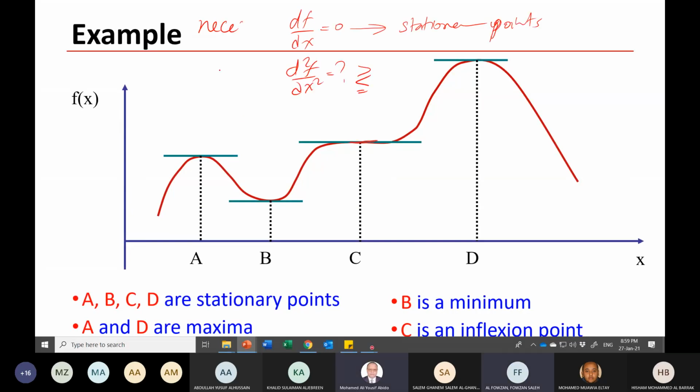So this is the necessary condition, and this is sufficient.